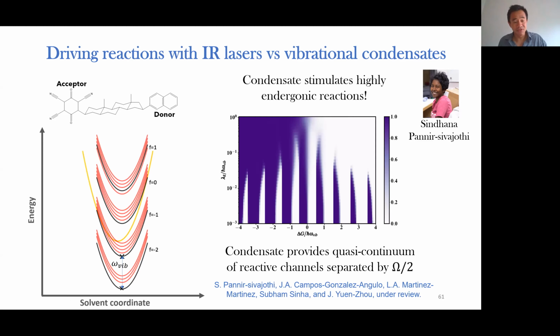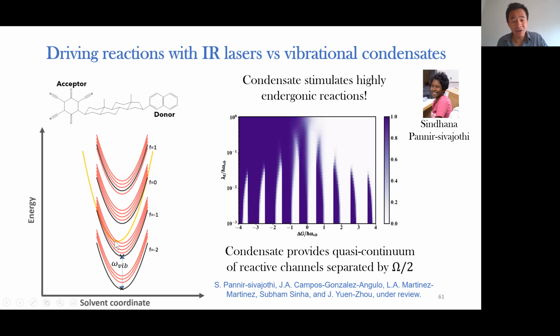It is because, for example, if you start with a condensate of, say, many excitations in the lower polariton, then you can redistribute that energy when you go from reactant to product into, say, n-1 lower polaritons and 1 dark state, n-2 polaritons and 2 dark states. And actually, the separation of energies between these different parabolas is not 1 quanta of vibrational excitation, but a Rabi splitting. So the Rabi splitting is much smaller.